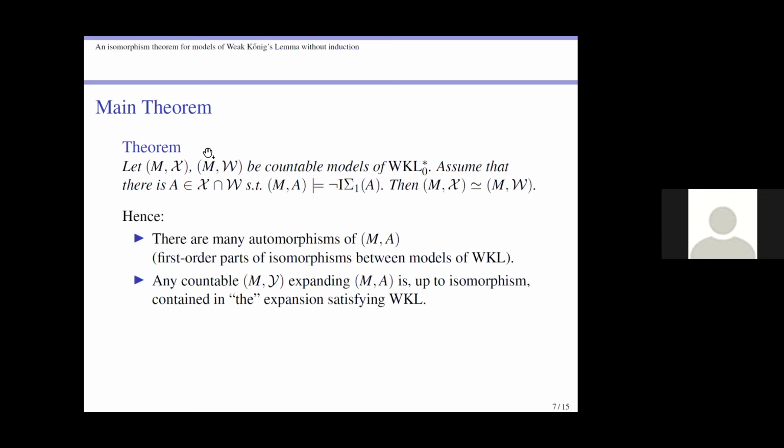Yes. So I've got a question I didn't have a chance to think about. You have this assumption that there is this A that's in the common part of X and W. Do you know when it happens? Does it have to happen? Could they have those sets that falsify sigma 1 induction separately, not in the common part?